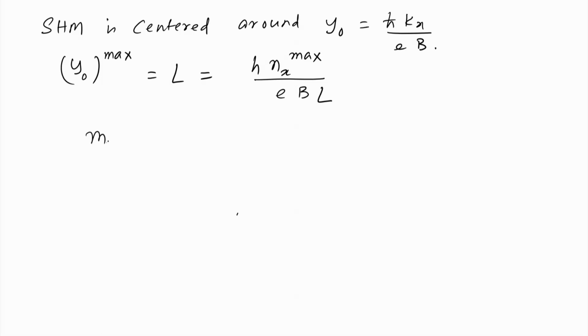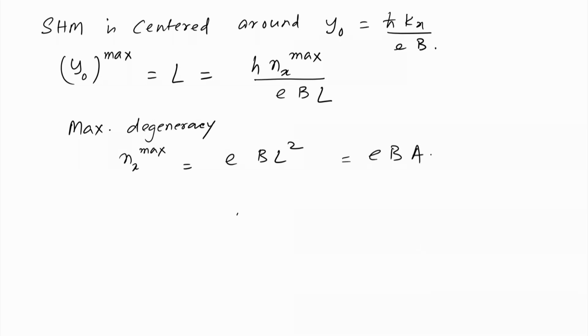So, the maximum degeneracy n x max equal to E B L square, where L square is the area of the sample. So, we call it E B times area, let us just write it as area, because A is also the magnetic vector potential.